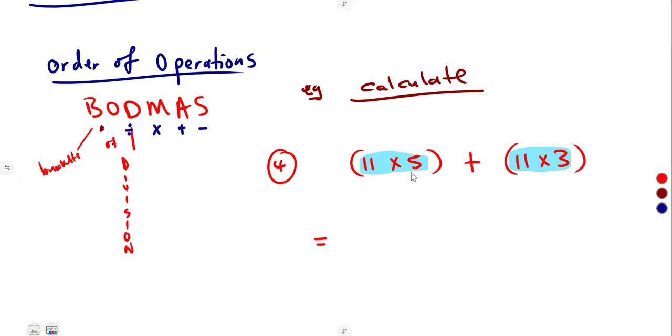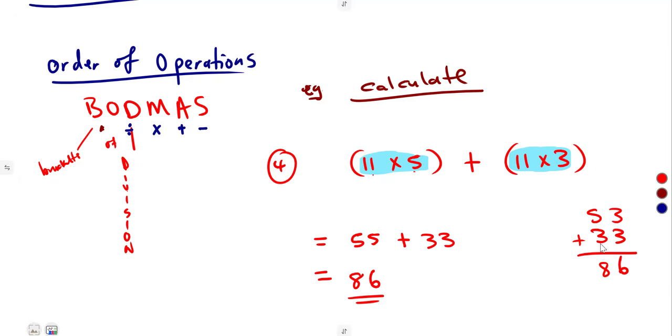So 11 times 5, that's 55. Plus 11 times 3, that is what? 33. Then we can add what we have, 55 plus 33. So adding 5 plus 3, that is an 8. 5 plus 3, that is 8. So at the end, you're going to have 88. You have simplified, or simply use your calculator to add these two.